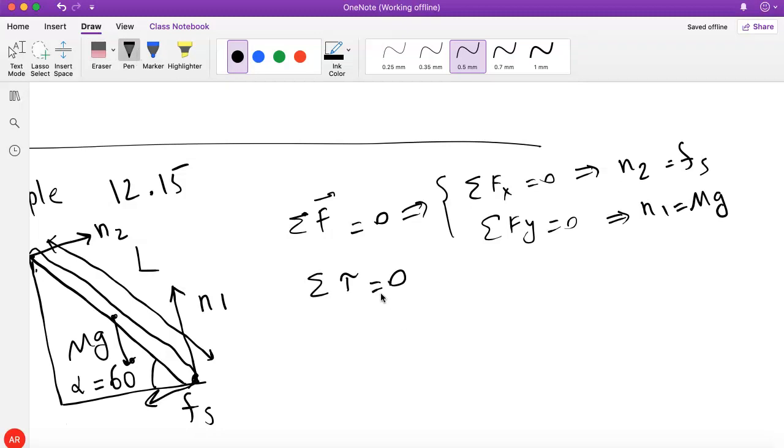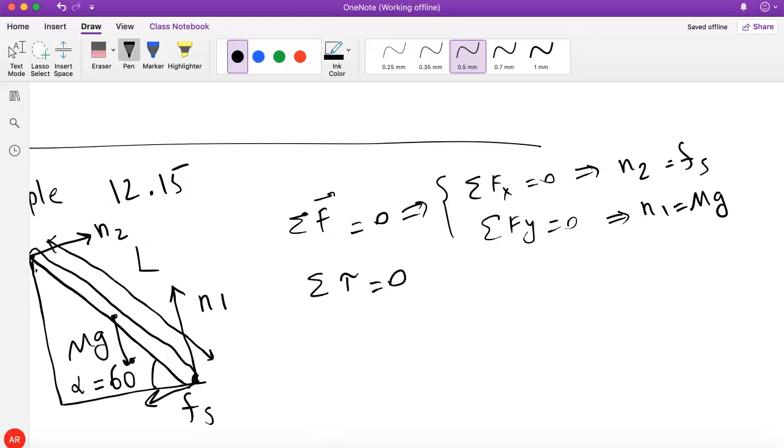So I see that here at the bottom, there are two forces that already go through there. So if I write my torque equation around that point, I get an equation that only has two of these forces. Only N2 and mg appear in my torque equation. So that seems to be the simplest way.